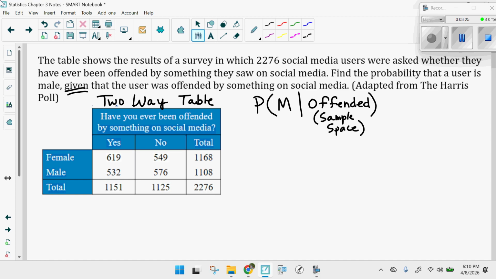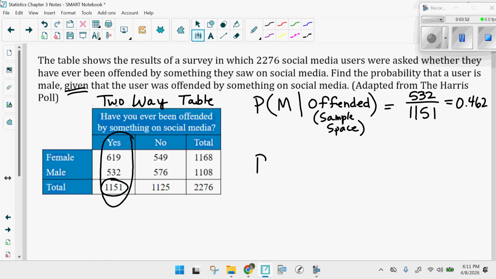Looking at my chart over here, have you ever been offended? Here are all the people that have said yes. So I'm only focusing on the people that have been offended, which is 1151. And of those 1151, how many are male? That would be 532, which ends up giving me a probability of about 0.462.